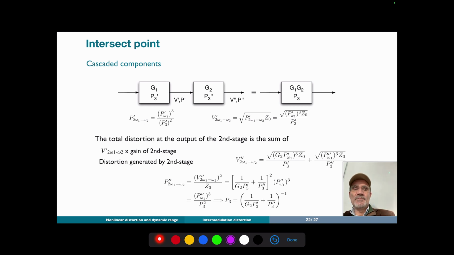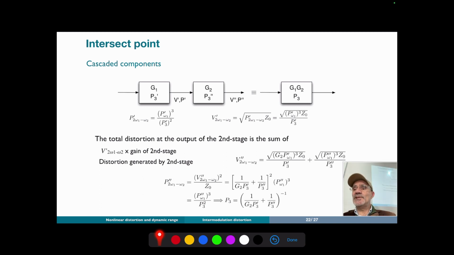The third order intermodulation product is changed if we cascade components. And the idea here in this slide is to obtain the result of the equivalent third order intermodulation point of a cascade of two components. So here we assume we have an amplifier with a certain third order intermodulation point, P3 dash, and I have another one which is P3 two dashes.